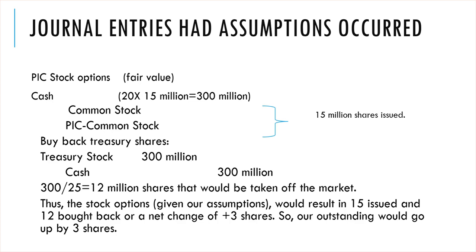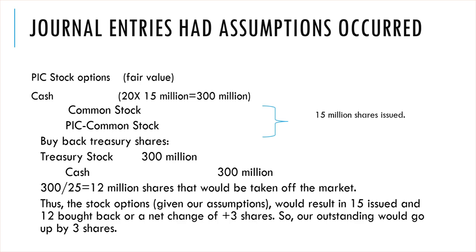stock. And you know, if you have treasury stock, then the term was outstanding, which is issued minus treasury, right? So then you would be actually taking some of the shares off the market. So you have two things happening here.